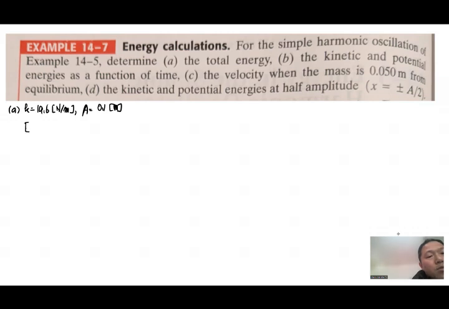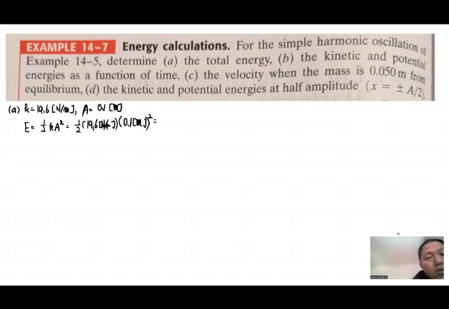As you remember, the total energy should be 1/2 spring constant k times maximum amplitude A squared. So if you plug in the numbers, the total energy is 1/2 times 19.6 Newton per meter, and square the 0.1 meter.